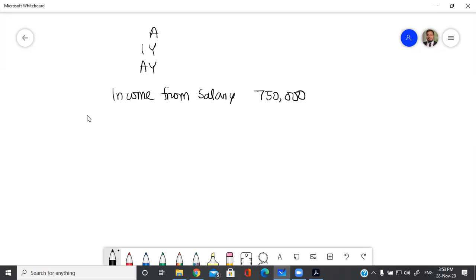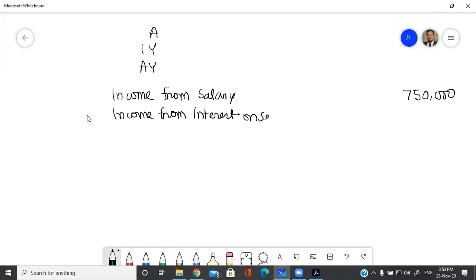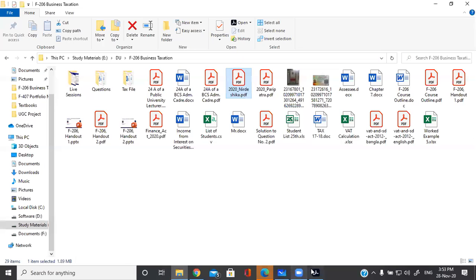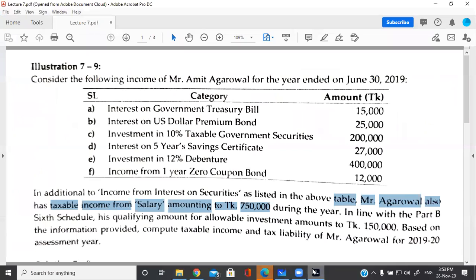So let me write it in this direction so that we can have some working for income from interest on securities. Okay. Then we are including the second heading, that is income from interest on securities. First of all, the item is interest on government treasury bill.